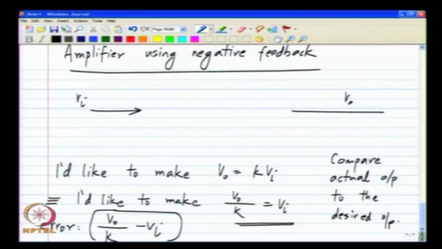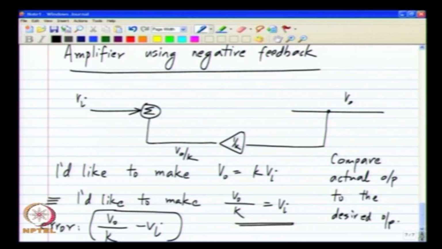Okay. So, this comparison I can make, and I will integrate the error to drive the output. So, I take V naught, I multiply by 1 by K. So, here I get V naught by K. I compare these two.